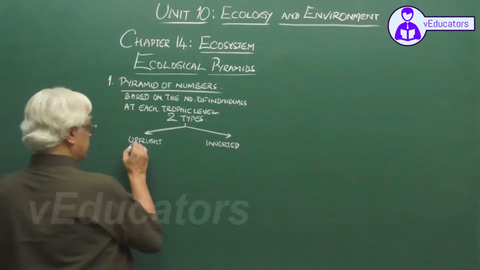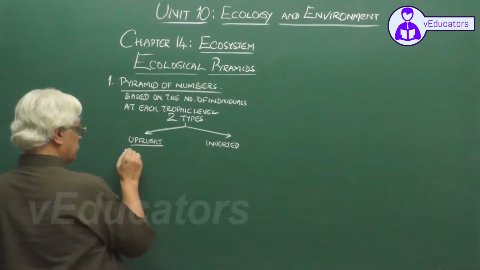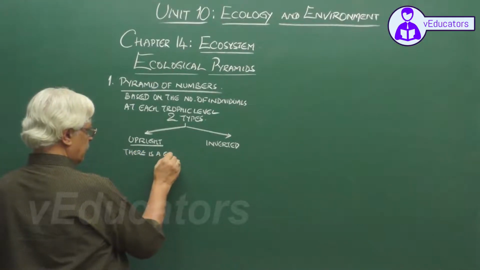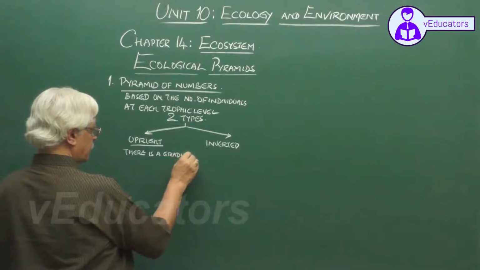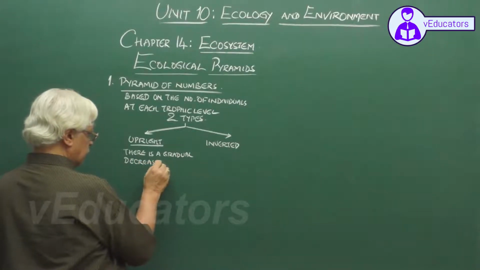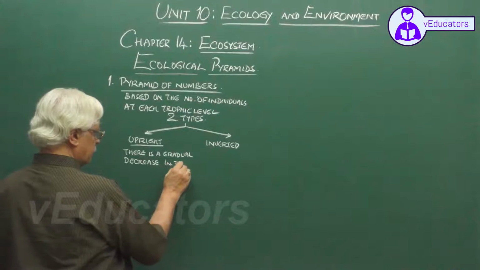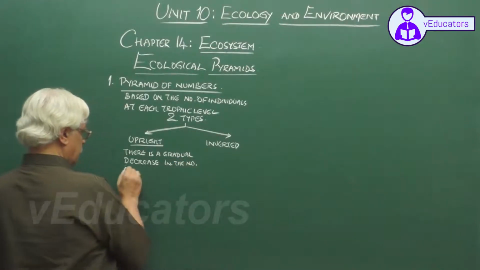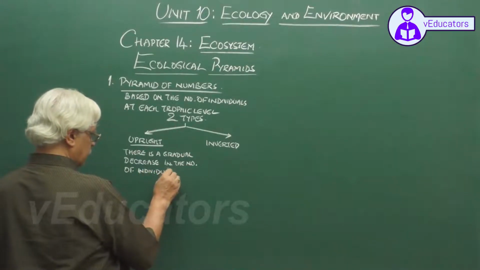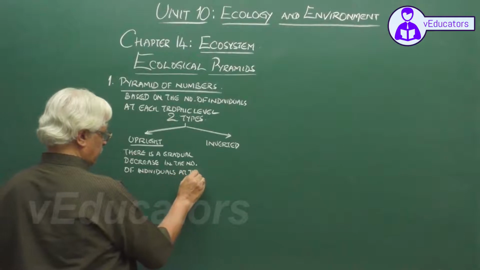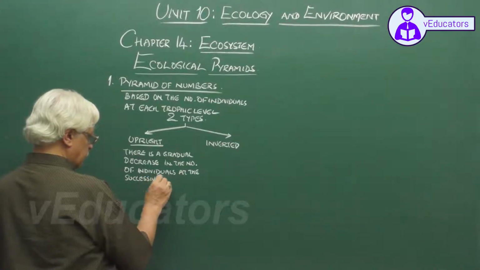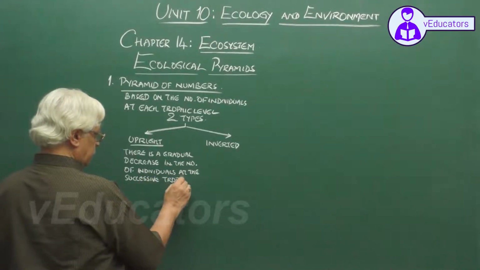In an upright pyramid, typically there is a gradual decrease in the number of individuals at the successive trophic levels.